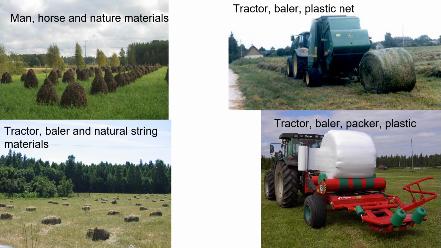In the beginning, these bales were pretty small. And as it was developing technologically, they became bigger and bigger. At some time it was nearly so big that it was not possible for one person to lift them up. Then they were lifted up with a tractor and put on a wagon and transported indoors.